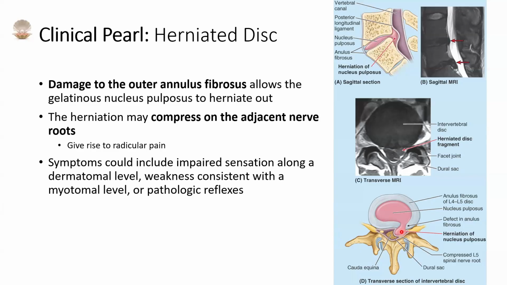Radicular, you'll learn further in your clinical coursework, is when you get those radiating symptoms specific to that spinal nerve, which sounds an awful lot like maybe muscular weakness specific to a single spinal nerve, maybe in a myotomal pattern, maybe numbness in specific areas of skin related to a single spinal nerve, which sounds like a dermatomal numbness, but also could be pathological reflexes and things like that related to herniated disc.